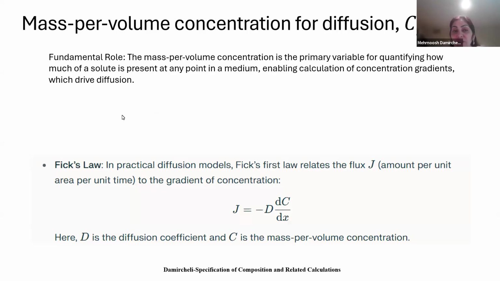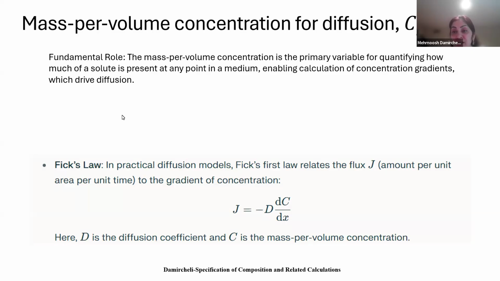If you remember, I told you that we use C prime i for calculating diffusion. Its fundamental role is that the mass per volume concentration is the primary variable for quantifying how much of the solute is present at any point in a medium, enabling calculation of the concentration gradient, which drives diffusion.